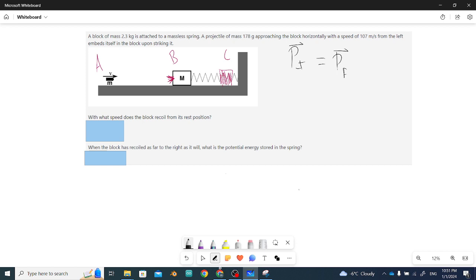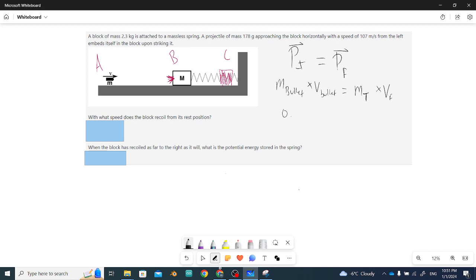So initial momentum is just the momentum of the bullet, because that's the only thing that's moving, and the bullet is 178 grams. Let me write it like this: mass of bullet times velocity of bullet is equal to mass of total, because it's the block plus the bullet, times velocity, which we're trying to find.